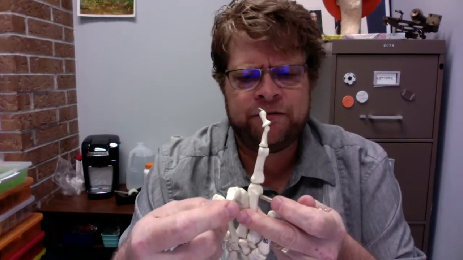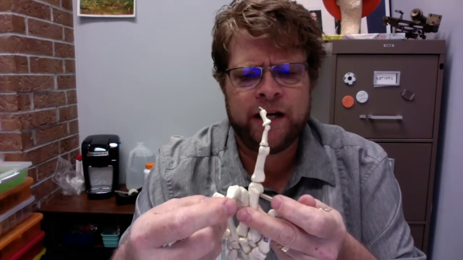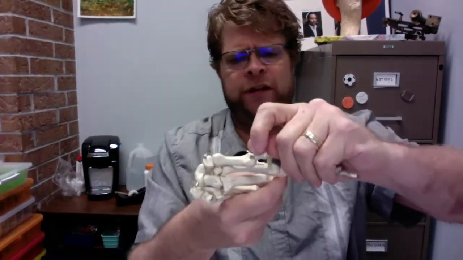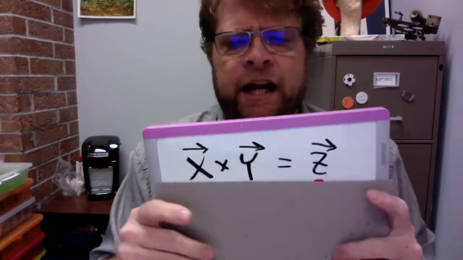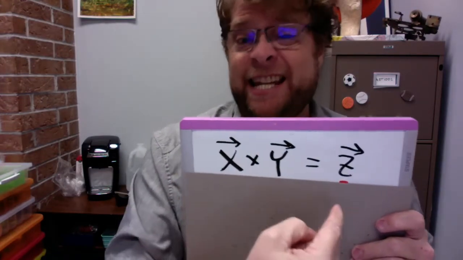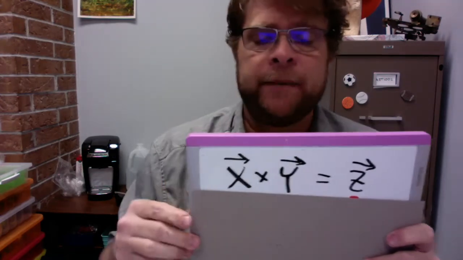But what happens if I flip the X and the Y around and I do up first and then over? Well, then that palm is pointing back at me the other direction. So I just said, okay, I pick an X direction and a Y direction, and I get the Z out automatically.